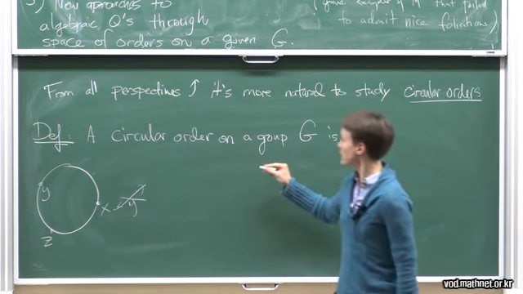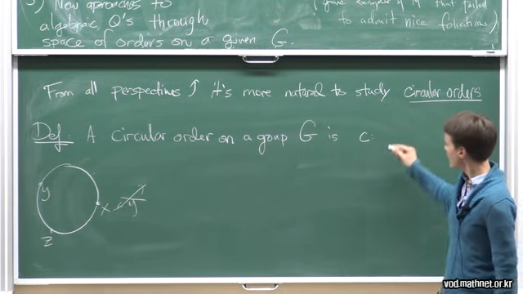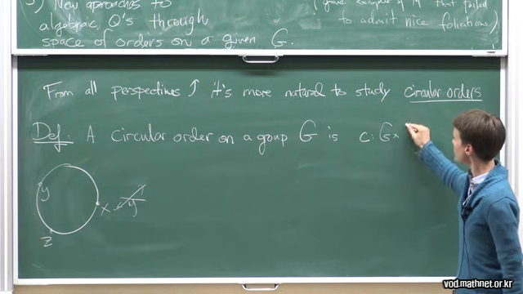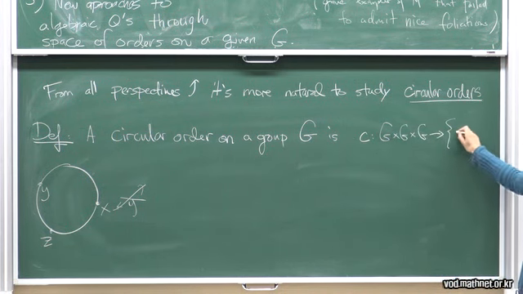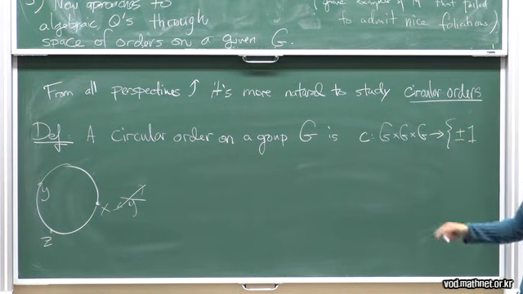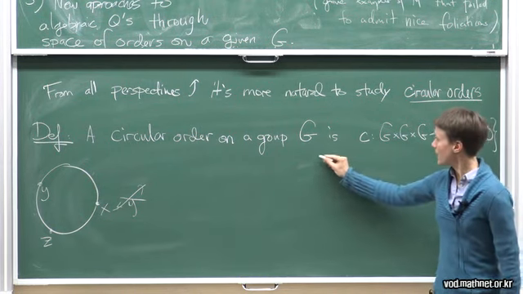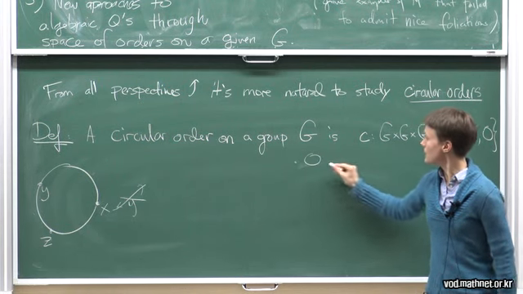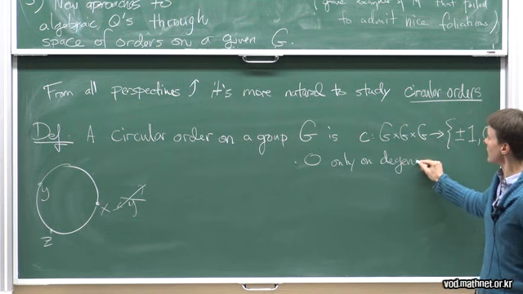So it's a function, C, I'll call it, from triples in your group to plus or minus 1 for orientation, and I'll allow 0 to capture a degenerate triple like x, x, y. Okay. So I'll require it to be 0 only on degenerate triples.